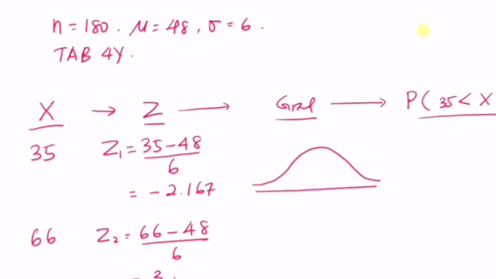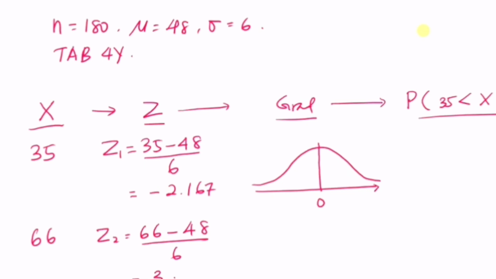Then step 3 is you are going to sketch the curve, the bell-shaped curve. When you sketch a bell-shaped curve, basically you can draw like this. You sketch a horizontal line with a nice bell shape, and the middle vertical axis is the mean. If it is a z-score, the mean must be 0.